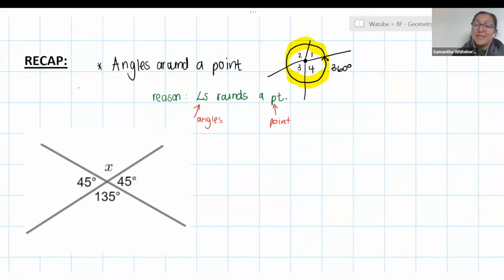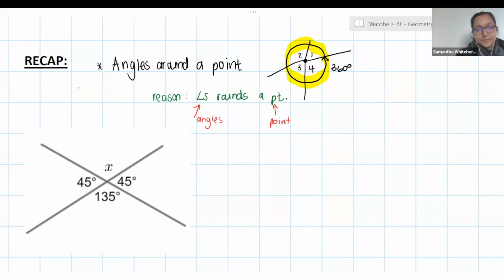As we do more of these, you can choose what you're more comfortable with and what is mathematically correct in the question. Some of you may have done more reasons than just angles around a point, and so you may have other reasons for this. I am going to use angles around a point because that is what we have done so far.